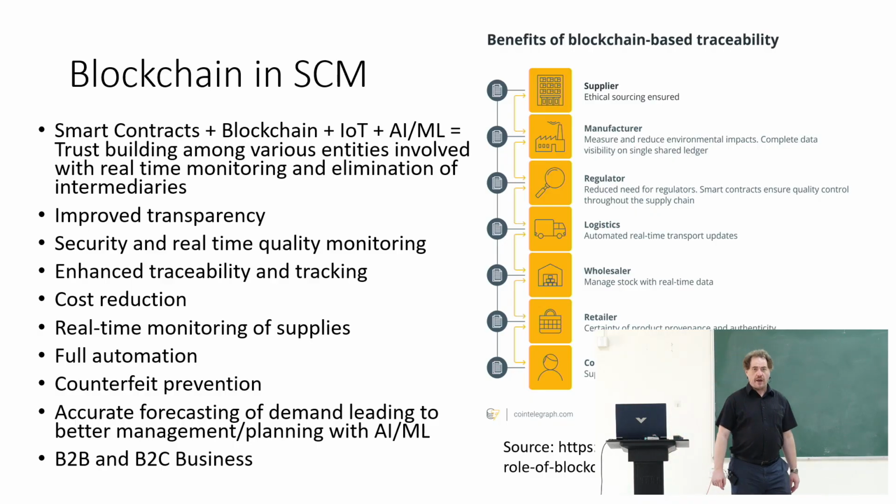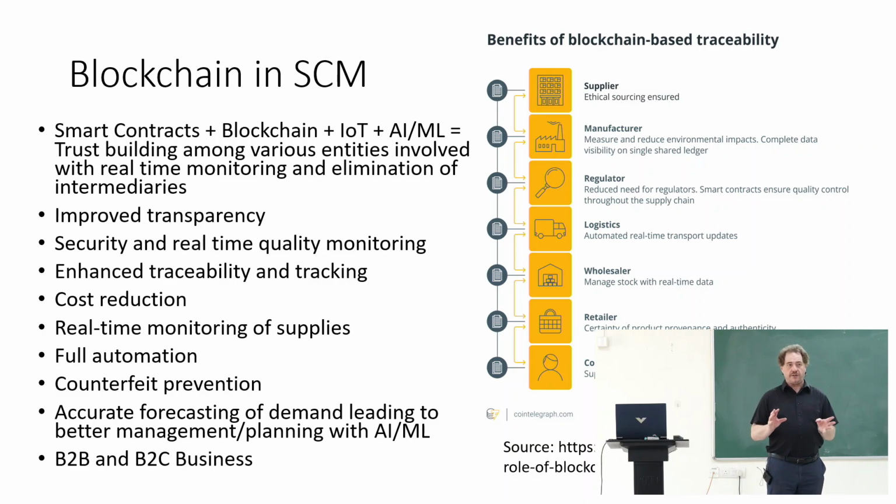So I can tell you about some projects in the European and also North American context. In North America, in one project, they try to allow tracking of dairy products.